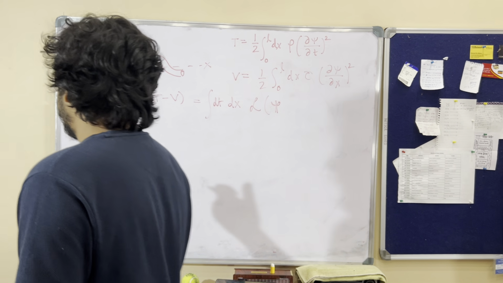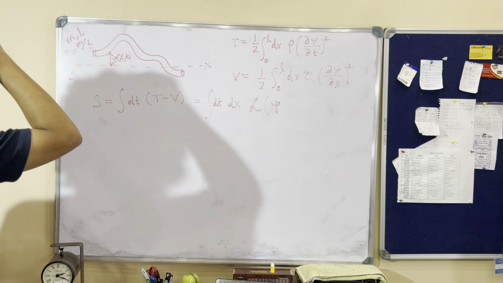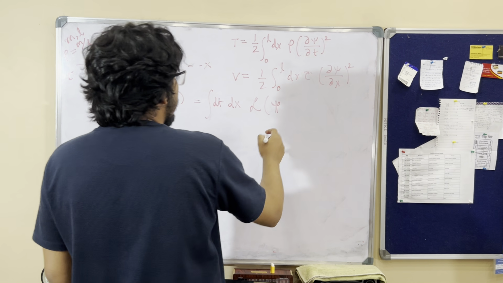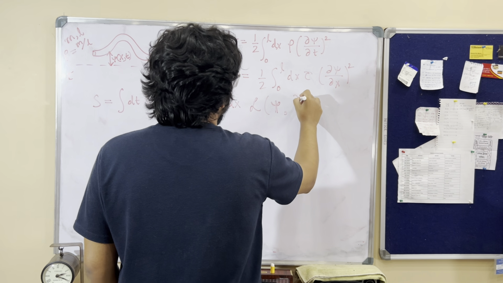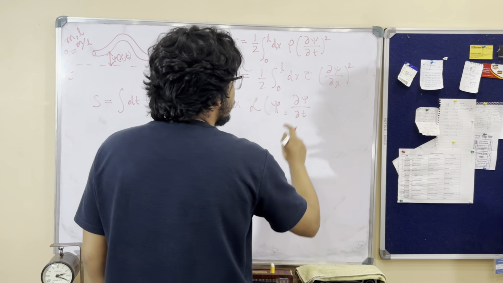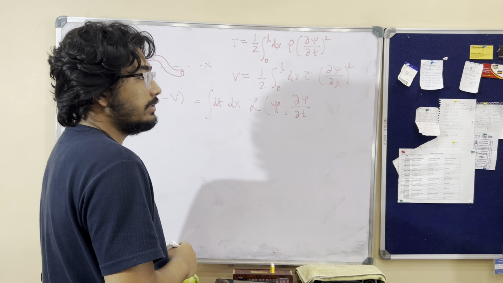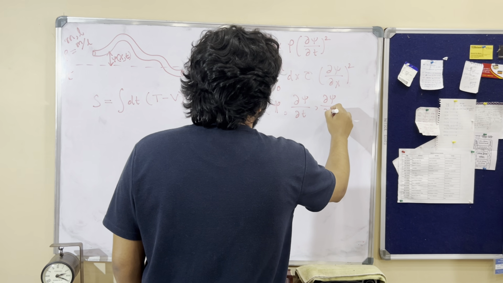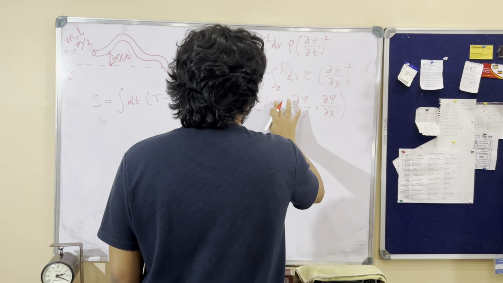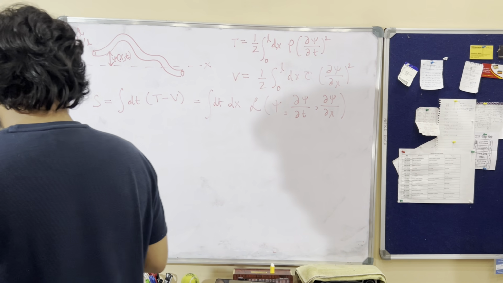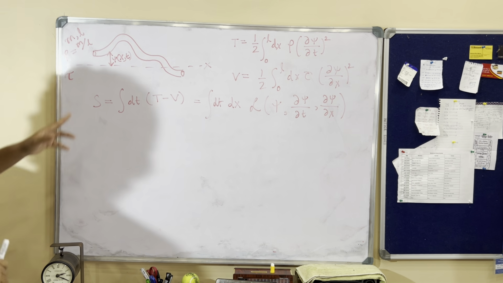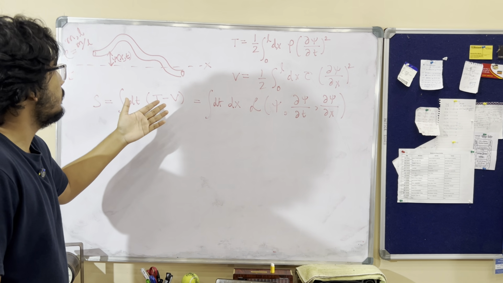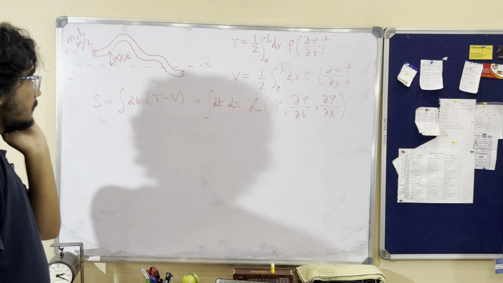Here we have replaced x with psi because the variable in this system is psi, and it will also depend upon the time derivative of psi because psi is changing with time, and it will also depend upon the space derivative of psi, because along the x direction, psi has different values at a single time slice. Okay.